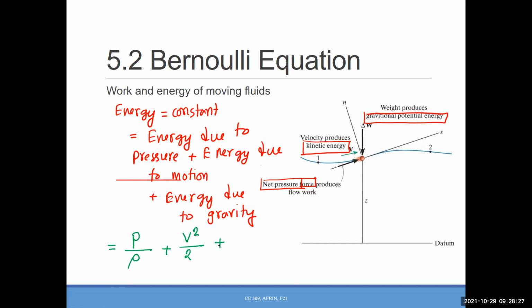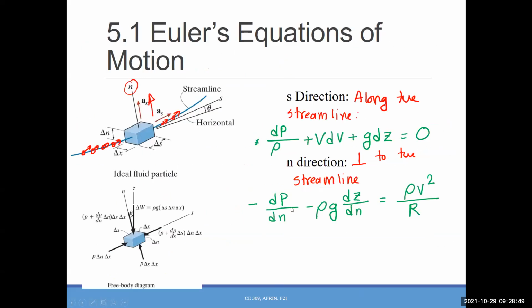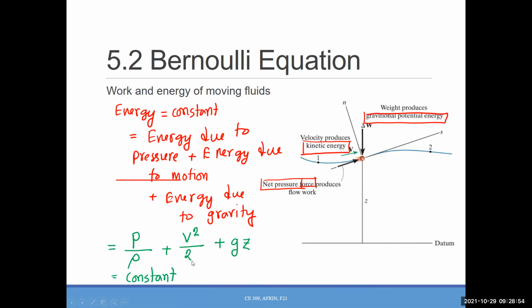And energy due to gravity will be Z, and the sum will be constant. You can actually get this equation if you just integrate the differential equation. Okay, and that is Bernoulli's equation for a single point.